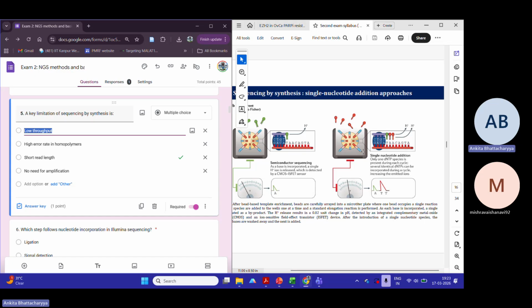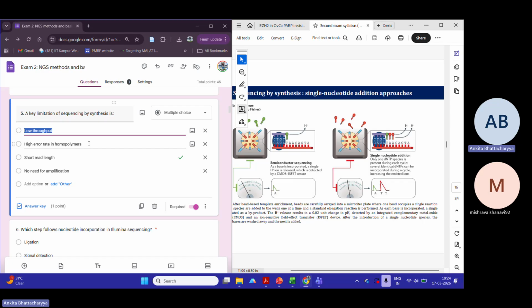Long read sequencing is where you can potentially get low throughput because more resources are dedicated towards sequencing long continuous stretches of your DNA by nanoball generation, and therefore the throughput, or the magnitude to which that strategy can work, is limited, and therefore that also is not the correct option.